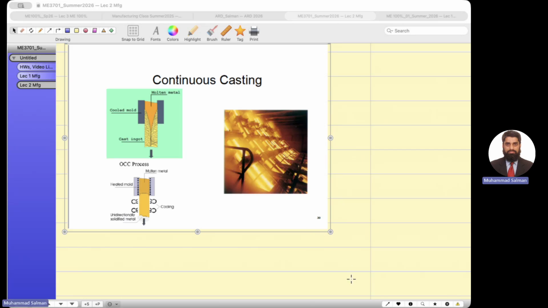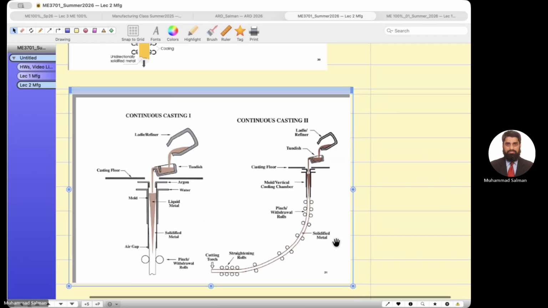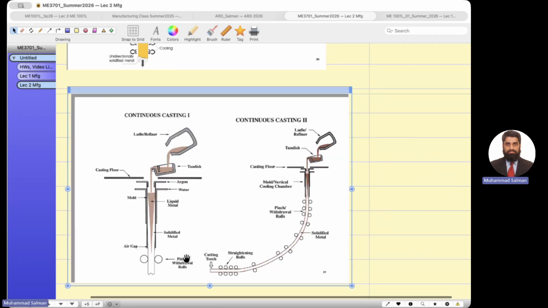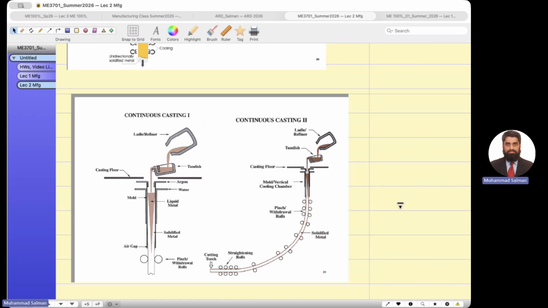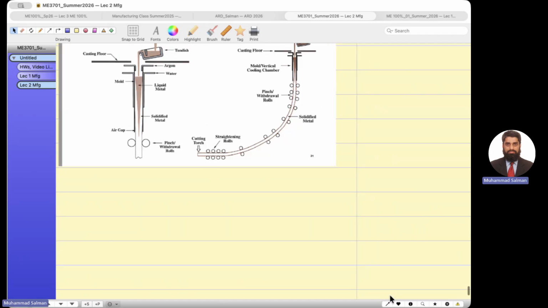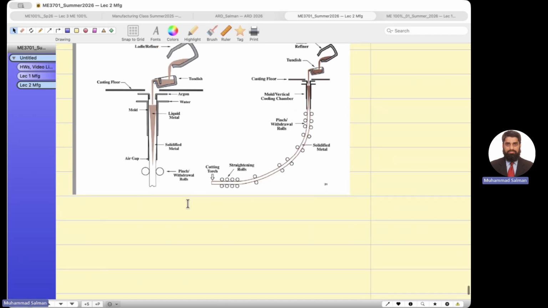Continuous casting, you see, the molten metal takes the shape of a pipe, and you keep cutting the pipe using the torch.